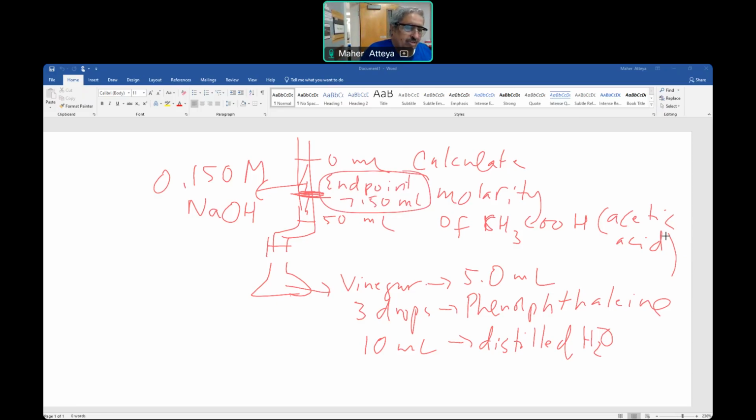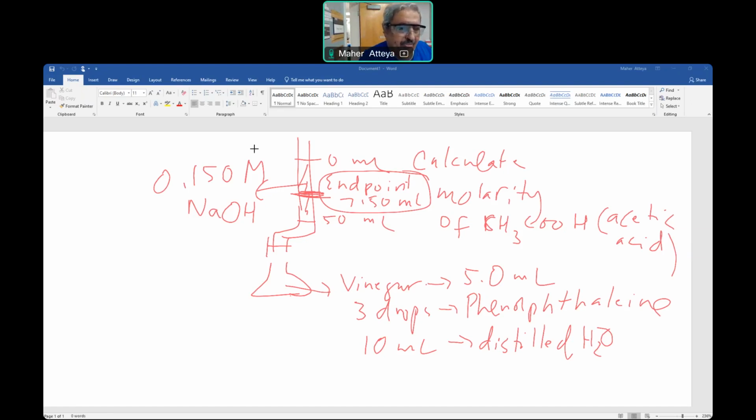Correct? So the first thing is to determine the number of moles of my base. How many moles of my base are used to neutralize the acetic acid in vinegar?